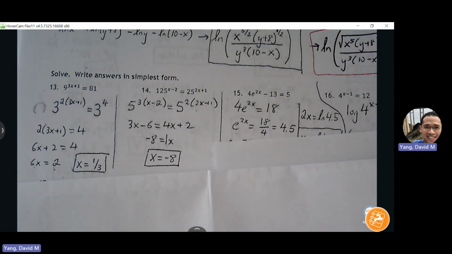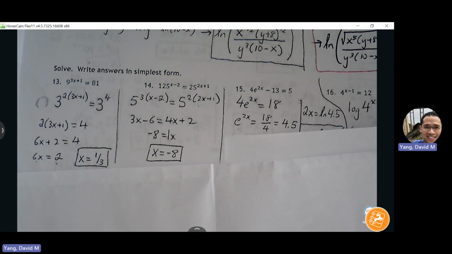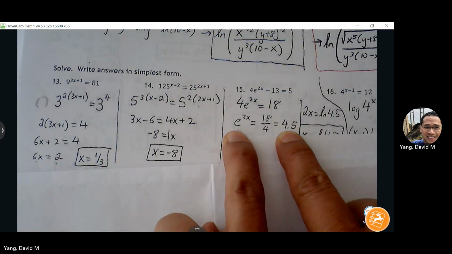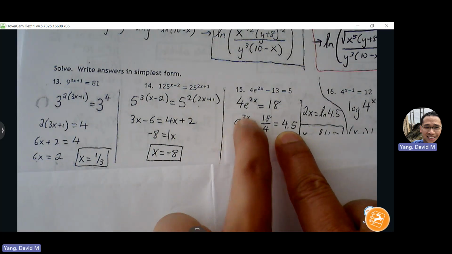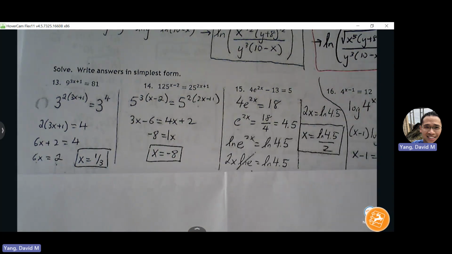So 13 and 5 add to 18, divide both sides by 4. 18 over 4 is 4.5. So it's not a clean whole number, but that's okay. We can still take the natural log of both sides to allow the 2x to come down, and then we can just continue to algebraically solve for x. So natural log of e is just 1.